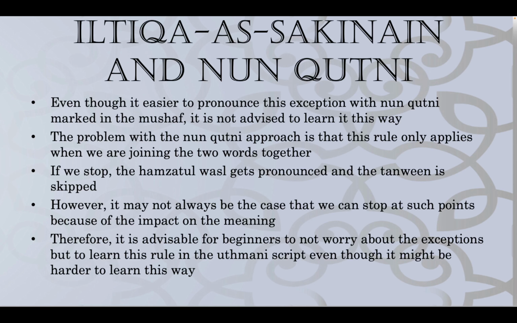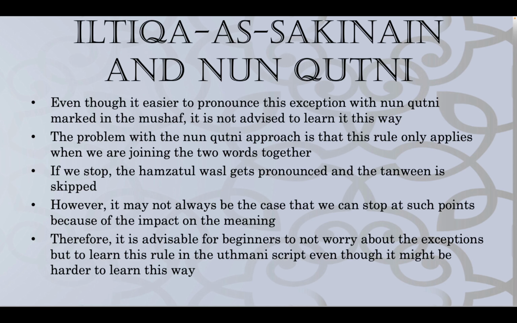However, it may not always be the case that we can stop at such points because of the impact on the meaning. So for example, if we stop at a word that happens to end in tanween, and the next word has the hamzatul wasl and the next letter after the hamzatul wasl has a sukoon on it, we may or may not be allowed to stop because of the impact on the meaning.